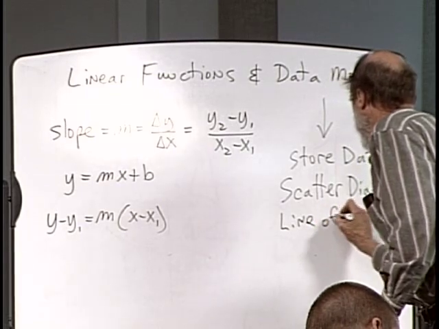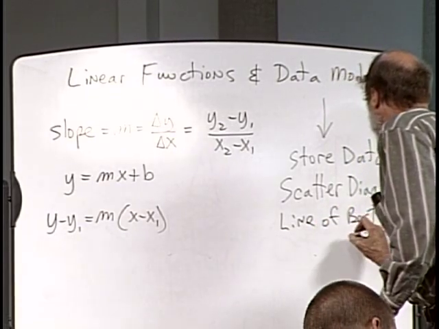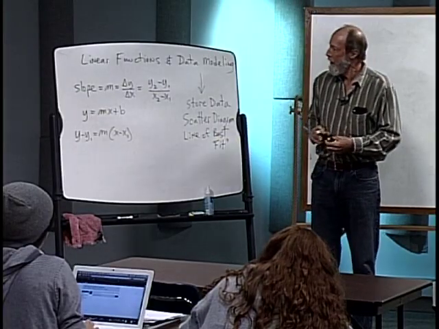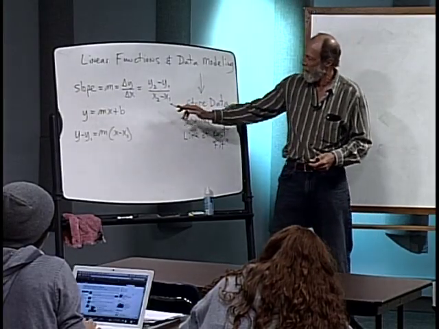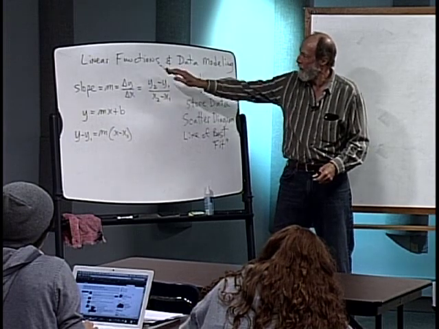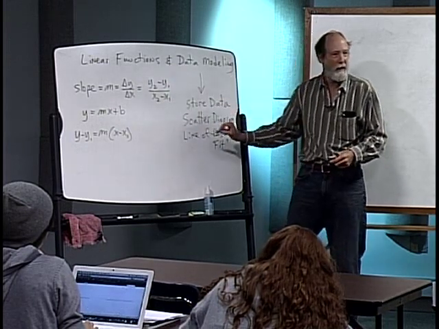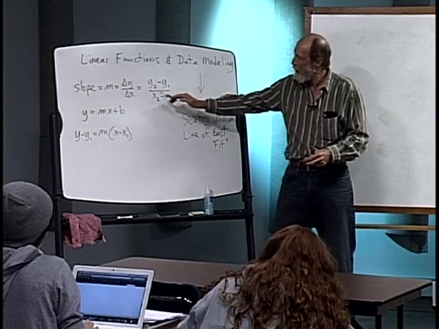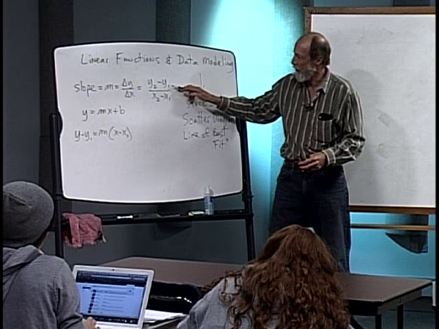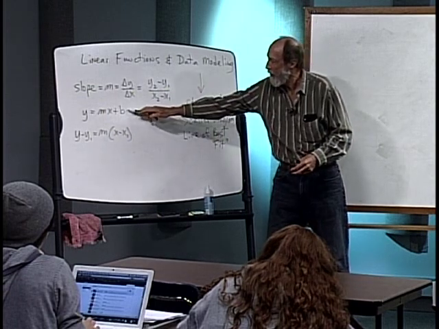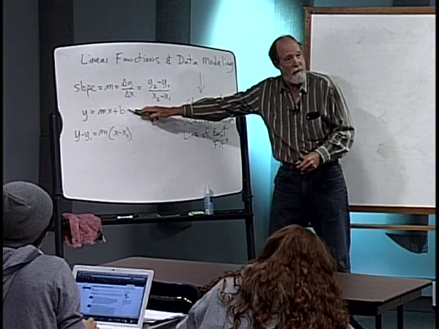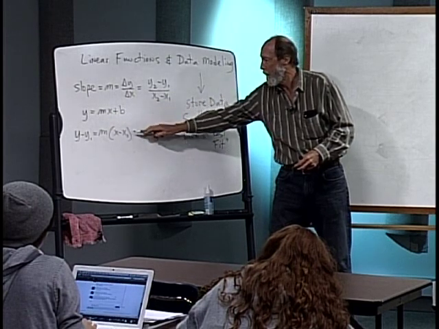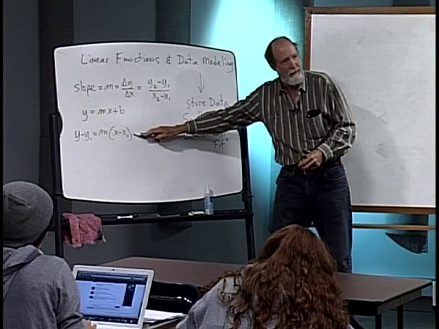And the modeling we're doing today is we're going to take data that appears to be linear in its characteristics, and use our concept of slope and our slope-intercept equation, which you're familiar with from beginning algebra, and then also this one, which is called what?